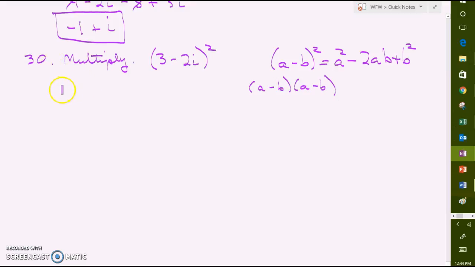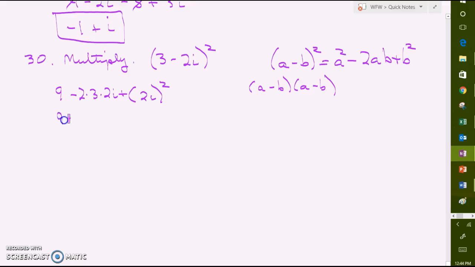So we have the first term squared, 3 squared is 9. The last term squared, (2i) squared. And the middle term, since there's a minus here, we're going to have a minus 2 times 3 times 2i. A plus always goes there.